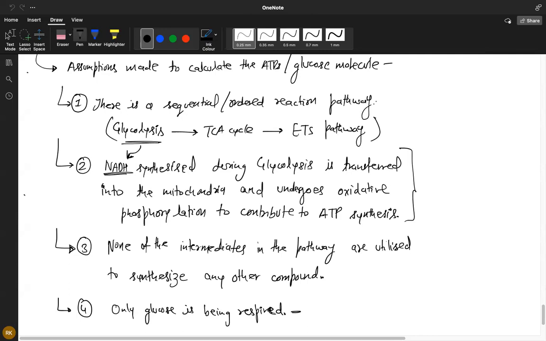Now, what do you mean by amphi? Where else have you heard this word in biology? Amphibians, right.